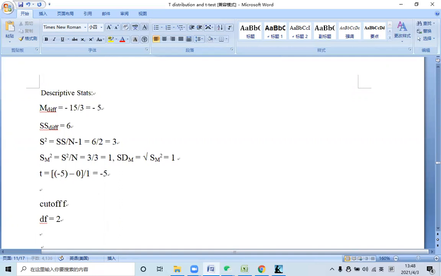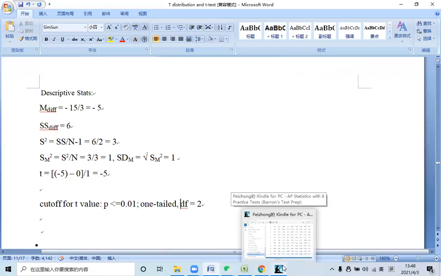Cutoff for t, where p value is smaller or equal to 0.01, one-tailed. Is it one-tailed or two-tailed? It is one-tailed, and the degrees of freedom is 2. That'll be sufficient for you to get the cutoff.